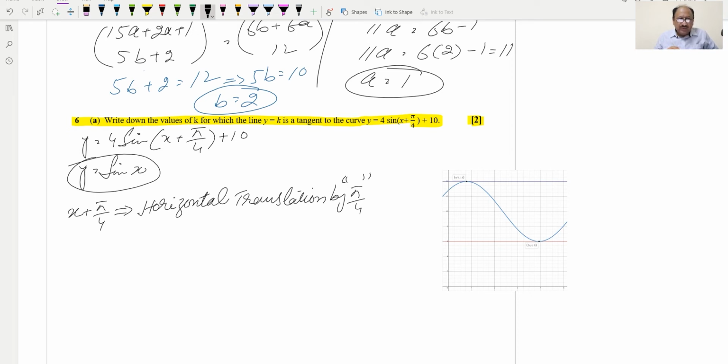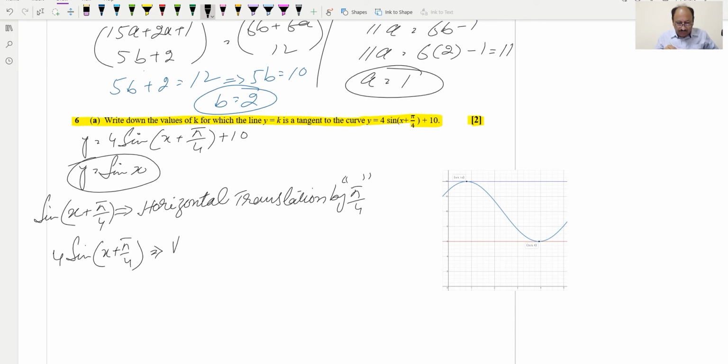And next is 4 multiplied by this. So 4 sine, basically sine. So this is horizontal translation by pi by 4, and 4 sine x plus pi by 4 will be further stretch.